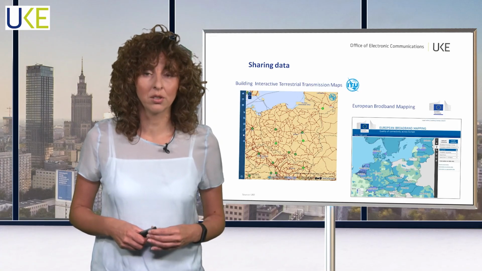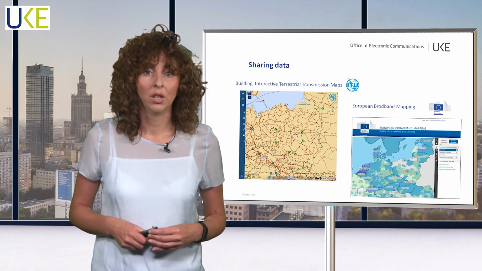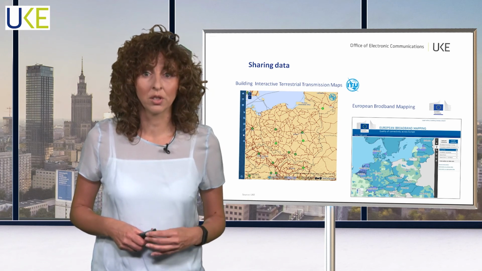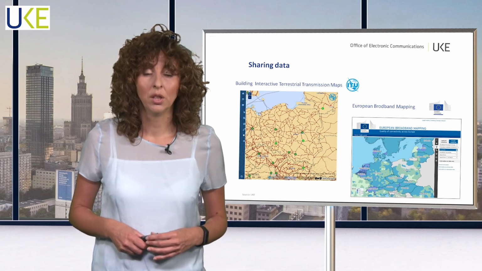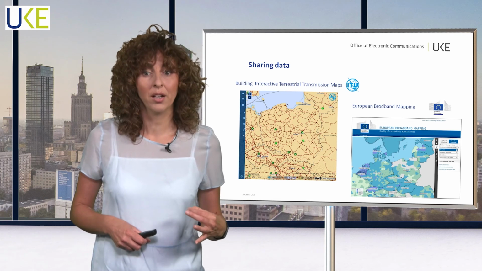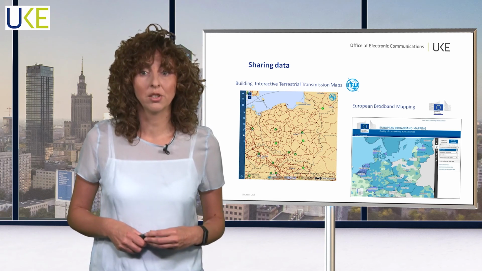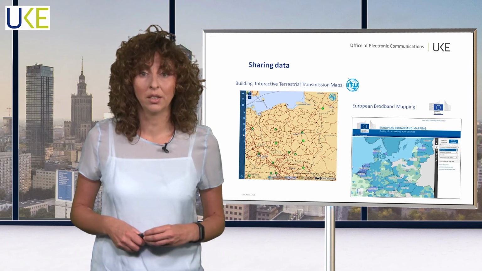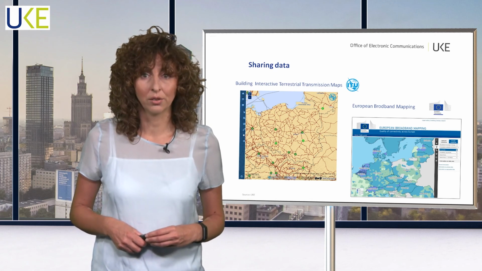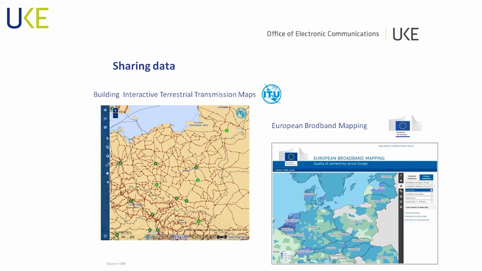Presented by the International Telecommunication Union, interactive terrestrial transmission maps are an ICT data mapping platform that allows us to summarize the national backbone connectivity as well as other key indicators for the ICT sector. The aim of the European Broadband Mapping Portal is to provide more transparency concerning broadband services to end users.